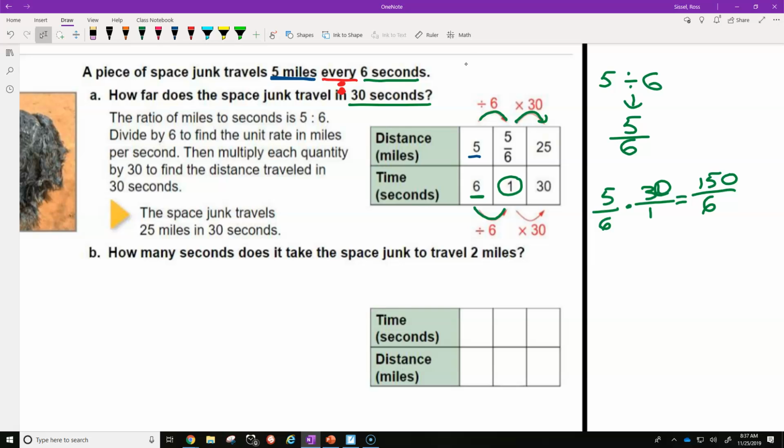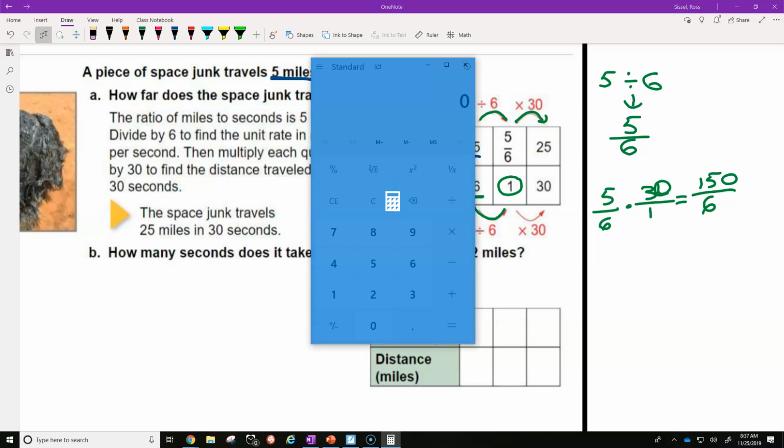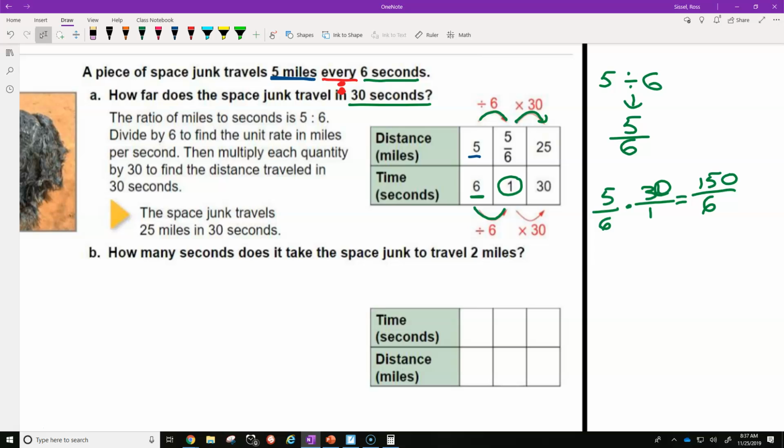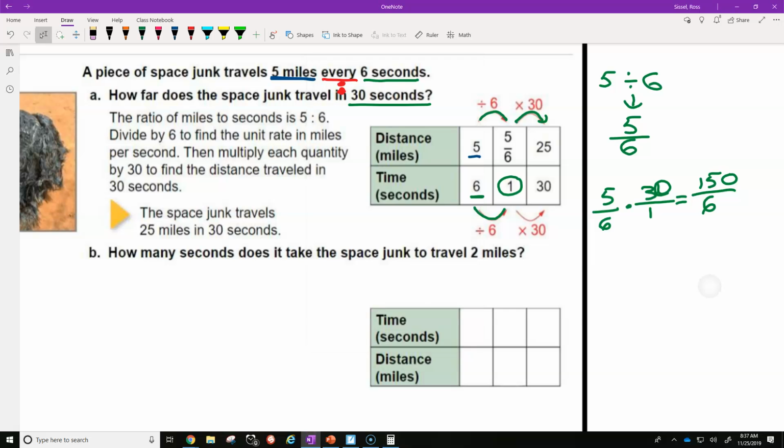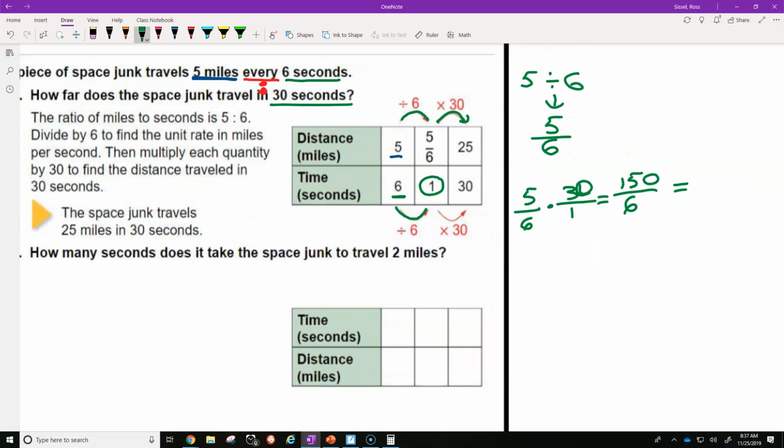Oh, it's because I'm still a fraction. Okay, so now I have 5 times 30 is 150. And then can 150 be divided by 6? Can I simplify? Yeah, it breaks down to 25. 6 goes into 150 25 times. That gives me my whole number. So this tells me in 30 seconds, I will go 25 miles.